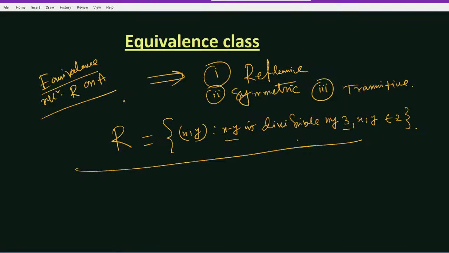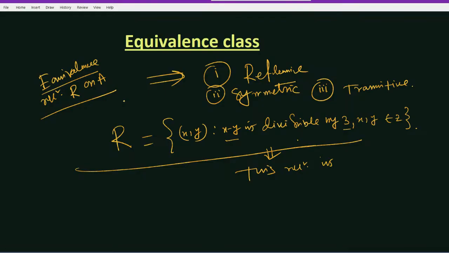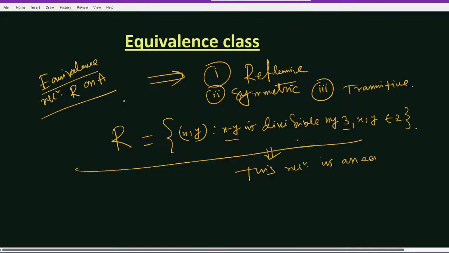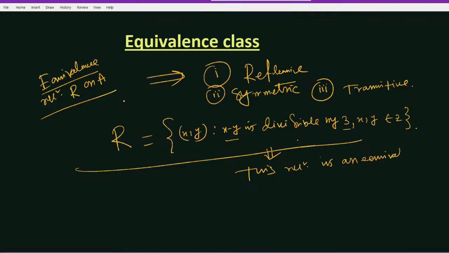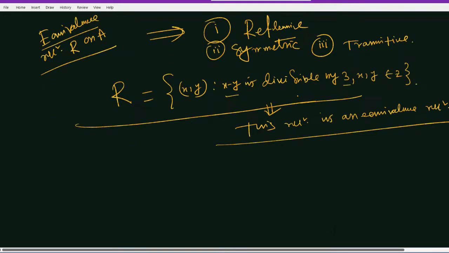So there is no problem in proving that this relation is an equivalence relation, because it is reflexive, symmetric, and transitive. That part I am not going to prove.